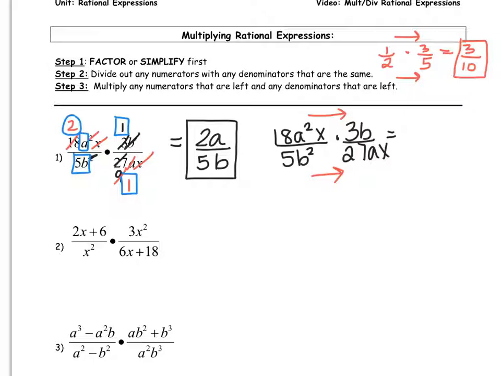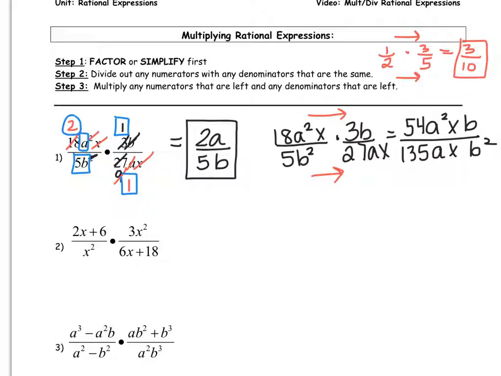So type in the calculator 18 times 3, and you'll get 54. And then we have a squared x and b all over. Now if you type into the calculator 5 times 27, you'll get 135. And in order, I guess we'll do a, x, and b squared.